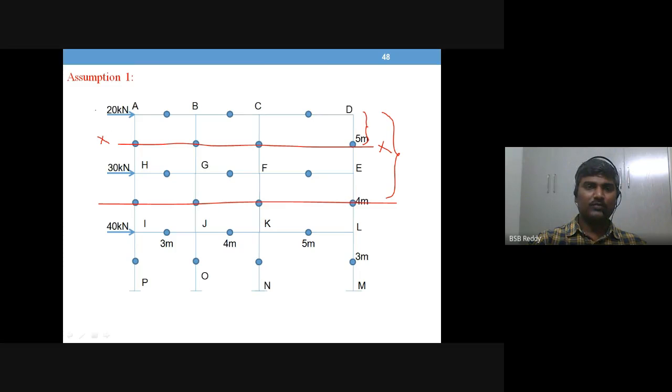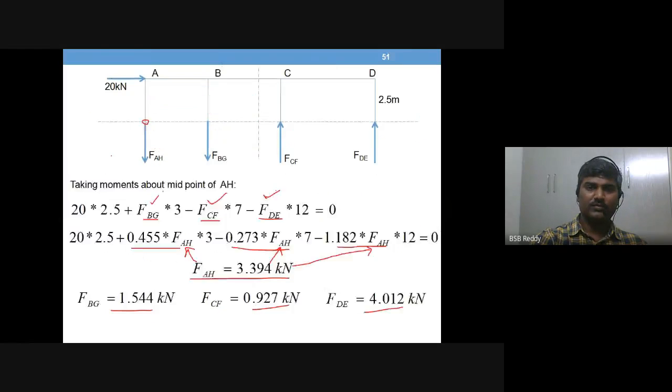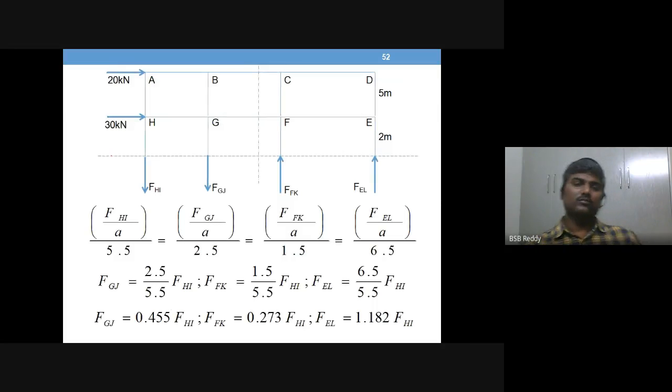So you have 20 kilonewton as well as 30 kilonewton coming into the picture. See this? This is 5 meters and the next story is actually 4 meters of full height. So we cut at the middle, so it is only 2 meters left.